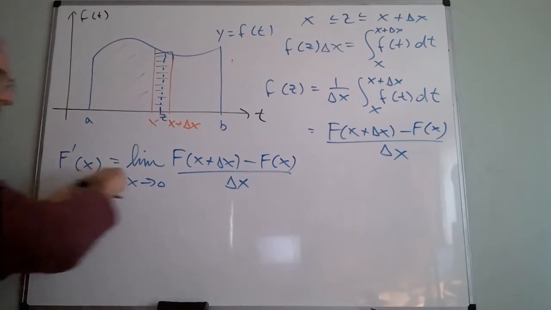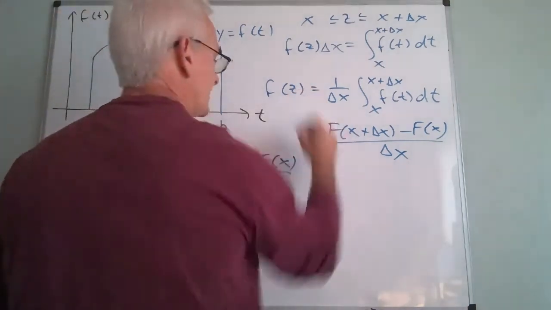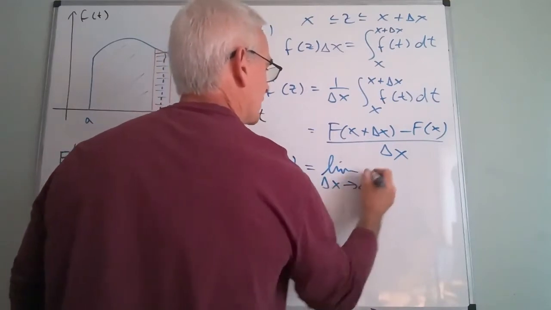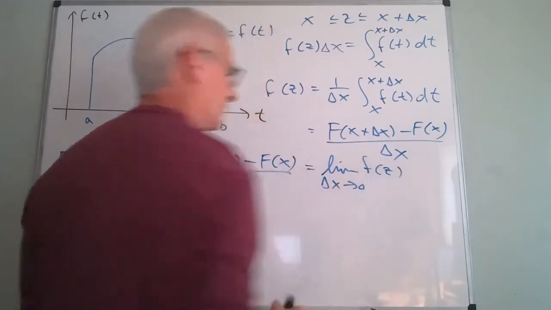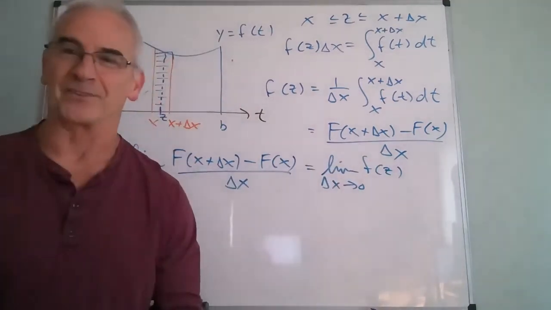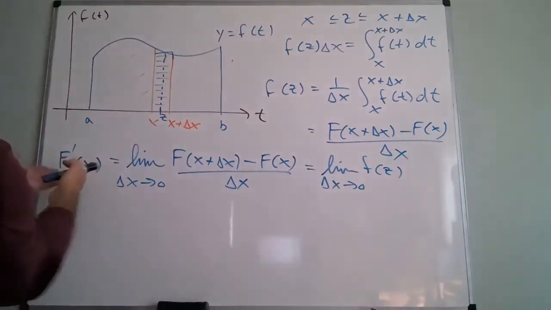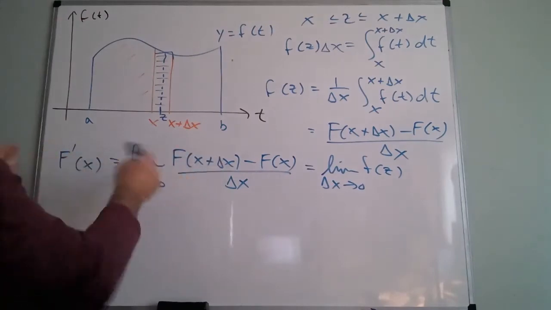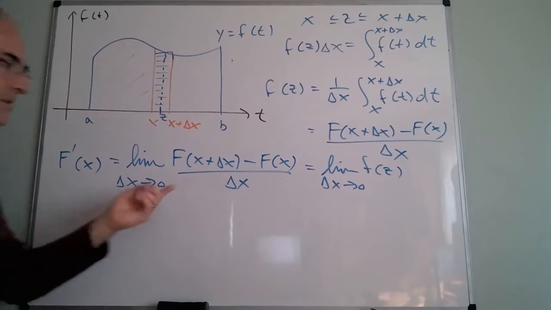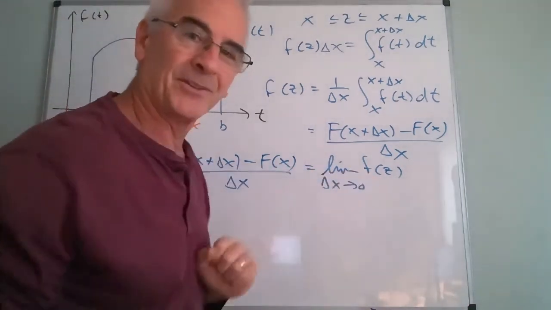So F prime of x is this limit. But that means it's also the limit as delta x goes to 0 of f of z. That guy's kind of interesting. I have no problem with this. This is pretty straightforward. Heck, this was true without anything I've written before it. That's the definition. This is the guy I want to look at, though.